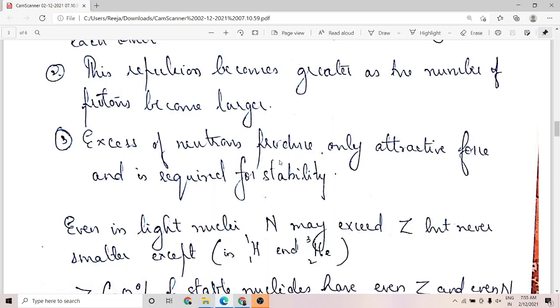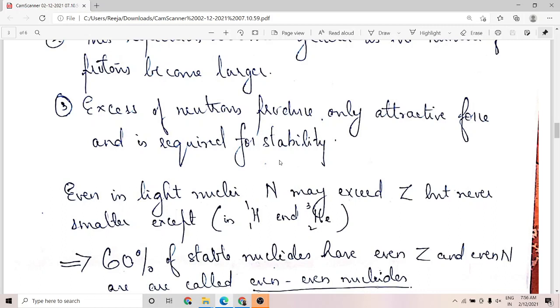Whereas neutrons produce some kind of attractive force, and an excess of neutrons in the nucleus will thus correspond towards the required stability. That is why we say that the number of neutrons must be greater than the number of protons in the nucleus so that a heavy nucleus will be more stable.